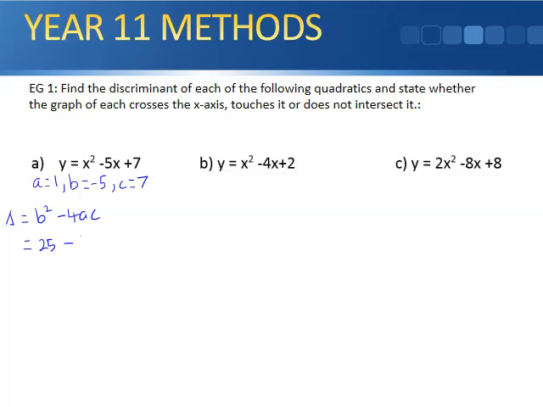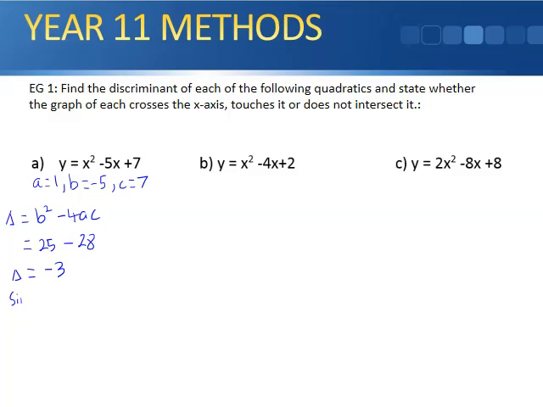b squared here is 25, minus, and a plus in front of the 1 is still a minus, and a plus in front of the 7 is still a minus. 4 times 1 is still 4, and 4 times 7 is 28. So we've got minus 28 here, so the discriminant here ends up being -3.